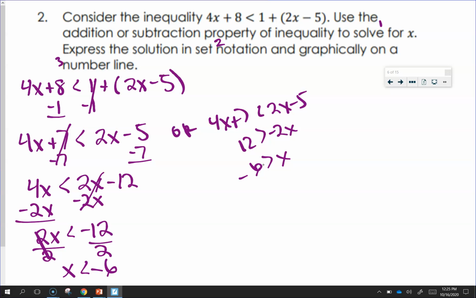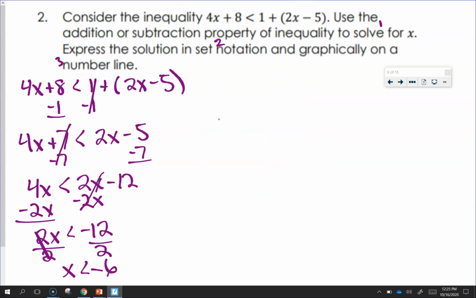If you keep the x on the left-hand side every time, then the symbol is going to point to where your arrow is going to go on the number line. So that's why if we just always keep our x on the left, it's just going to help us. Okay, so you're not wrong with this, but you might do the next part wrong because you might get easily confused. Good question, though. All right, part 1 is done.